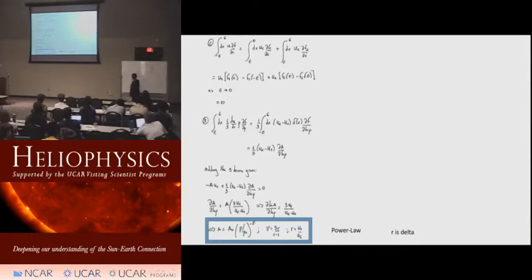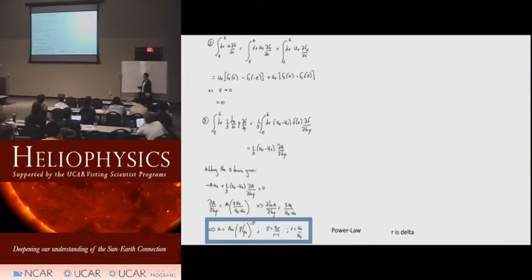My result, by integrating the Parker equation at the shock, is that this A of p, which appeared in the distribution function, varies with the momentum as 3u1 over u2 minus u1. It's a very nice result.